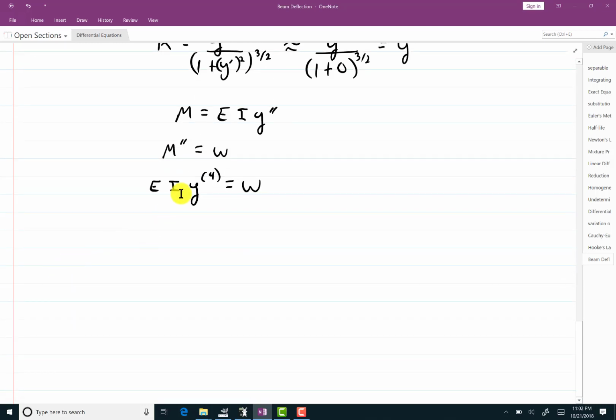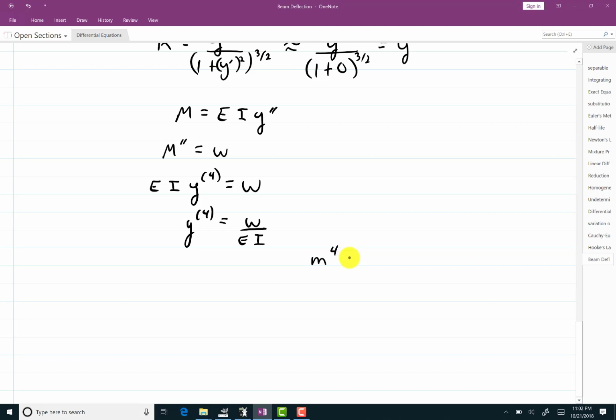And then this is really easy to solve. We're going to be solving the homogeneous equation first. Before I even mention that, let me divide by EI. Of course, this is not equal to 0. And now to solve an equation like this, the first thing we do is look at the auxiliary equation.